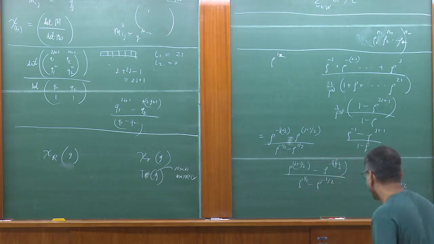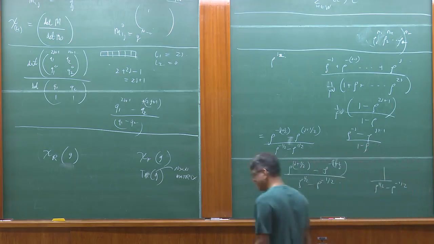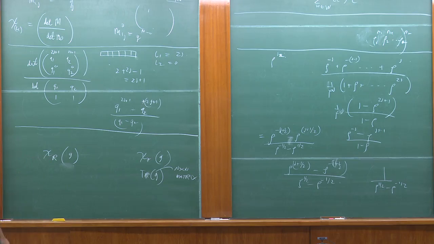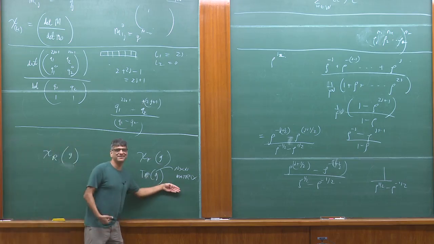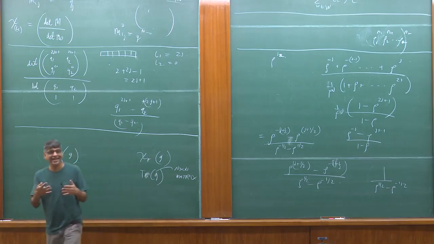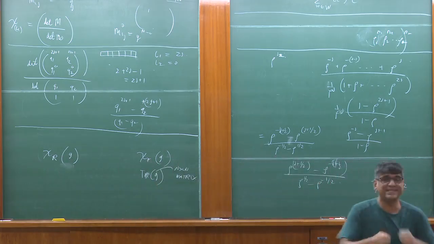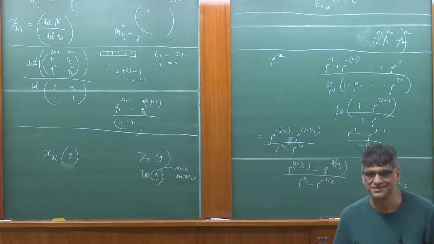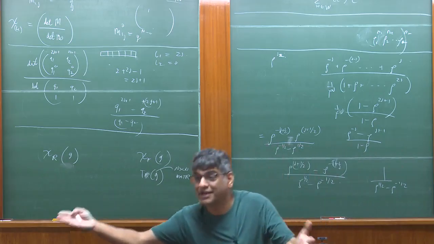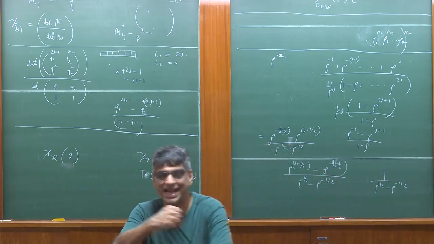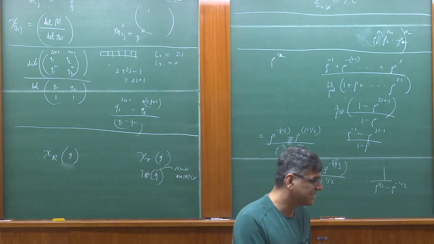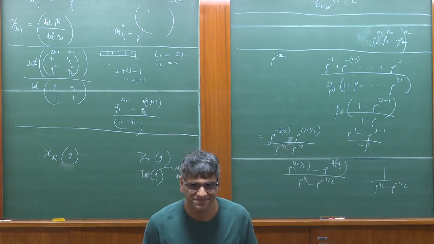Now, this guy has some weights in it, and every weight can be built out of products of weights of the fundamental representation. You see this from the Young tableau construction. You just take tensor products of the fundamental representation, and you get every representation.